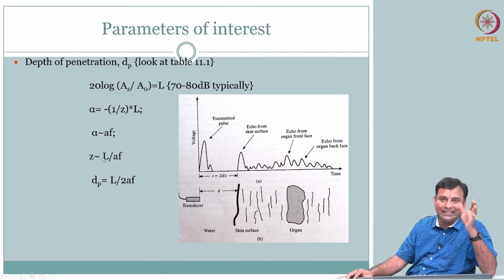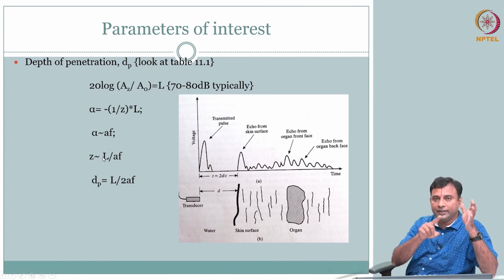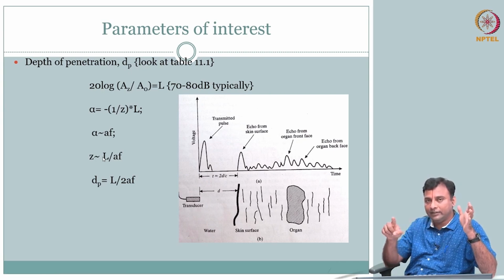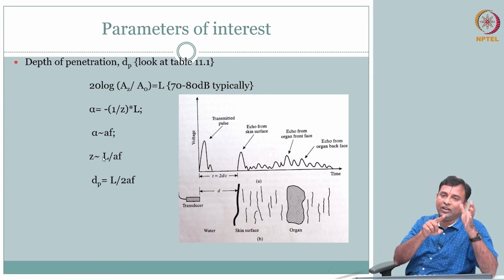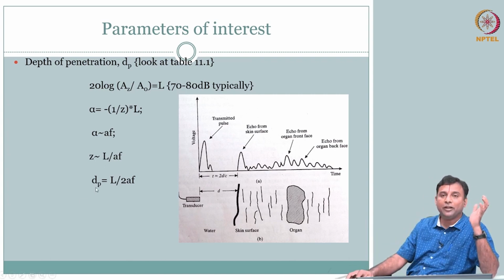Because the signal that you sent is getting lost, and then coming back it is getting lost. e power minus alpha, we remember we wrote as e power minus 2 mu a, the 2 was again go and come back, same thing, right? So if you want to calculate the depth of penetration, the total loss by 2 AF gives you your depth of penetration.